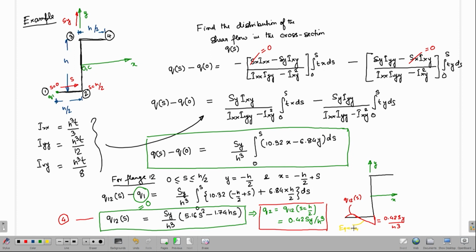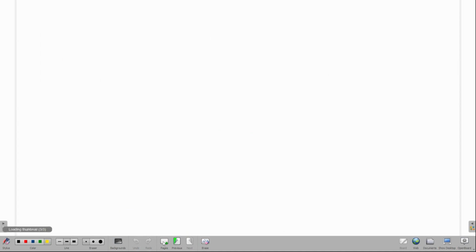So, this is how we can find out the shear flow distribution in the flange 1 2. Now, let us move into the next part.